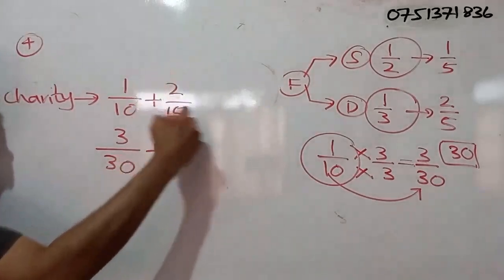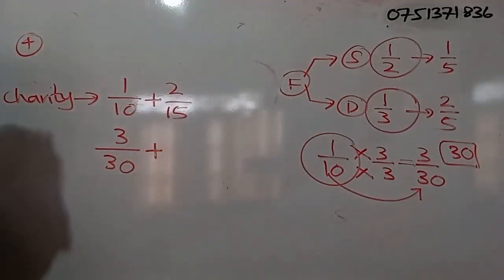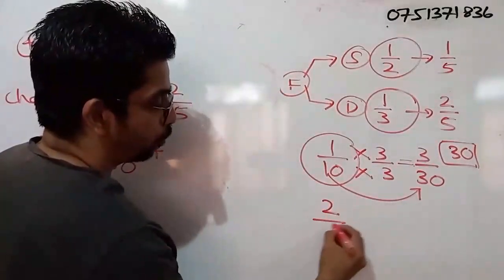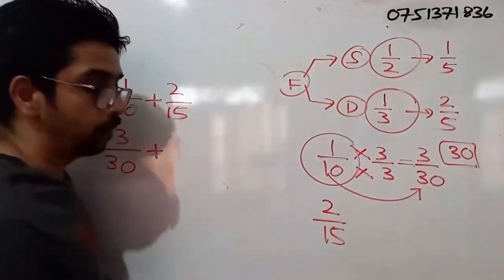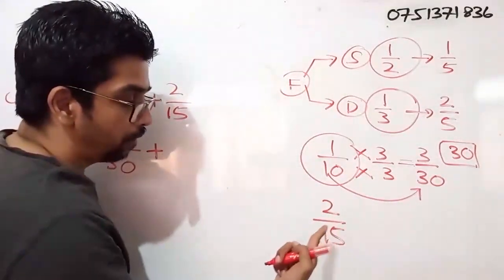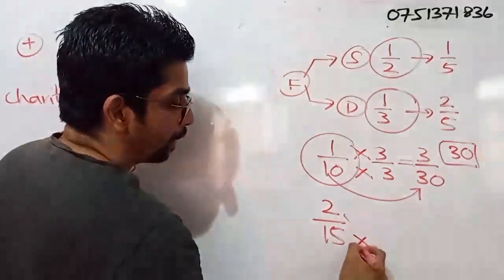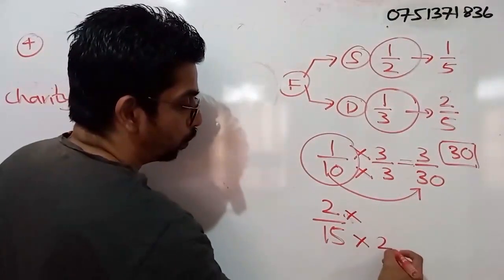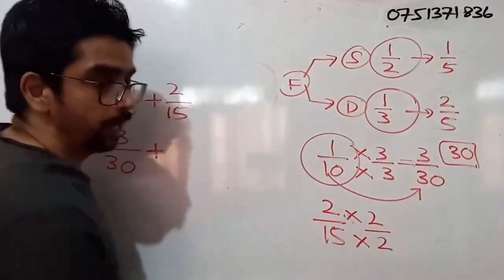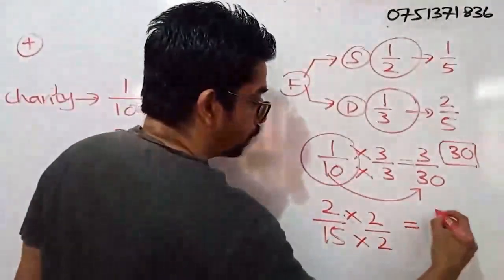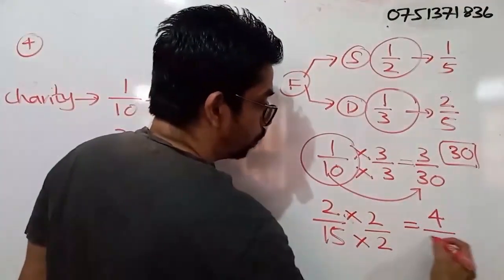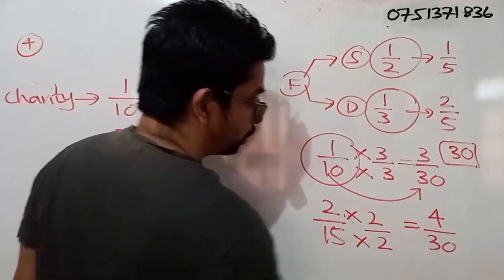Plus, now we have to do the same process to 2 by 15. Right? Now here I have 2 by 15. Now what is the thing that we need to do? We have to convert this 15 into a 30. So how can I do that? Multiply the denominator by 2. So do the same thing to the numerator. So 2 times 2, that is what? 4. 15 times 2, that is what? 30.